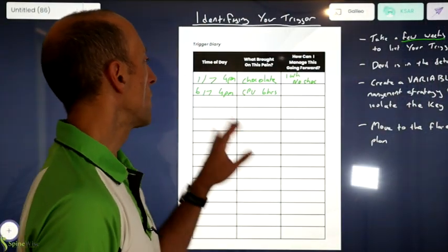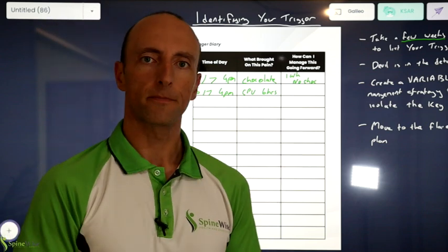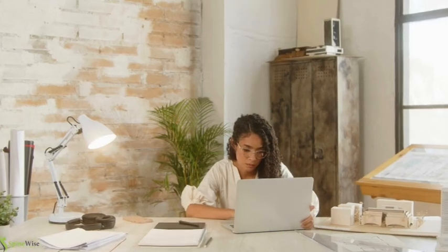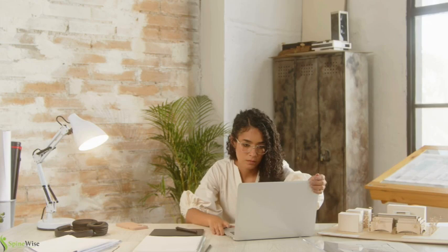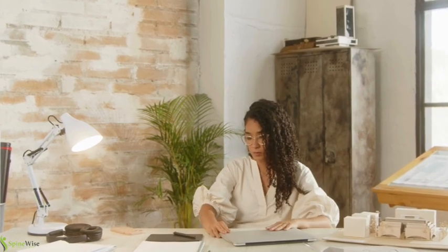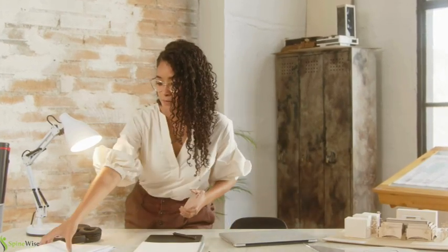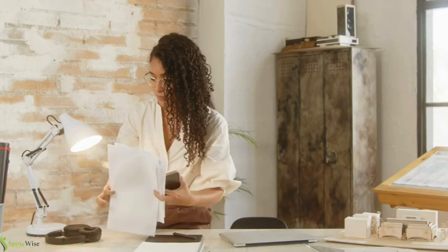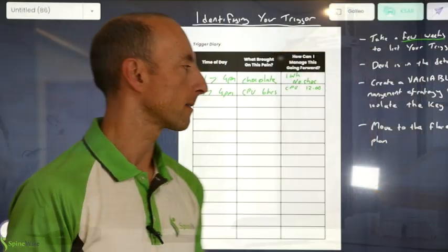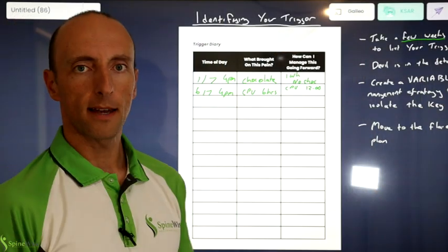Okay? So what can we do about this? If we know at 4 p.m. it was an issue, what we're going to do is I'm only going to do computer work until midday. And then after that, I'm going to do different forms of admin or different types of work. And now we're going to monitor that.